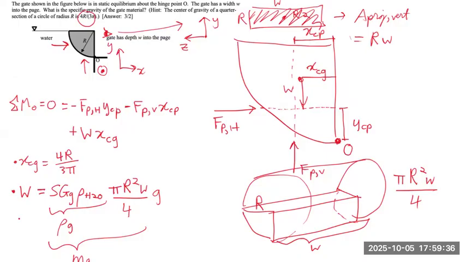That will be the vertical pressure force. And the weight of the liquid above it is going to be 1 over 4 rho of H2O times gravity times pi r squared times W.